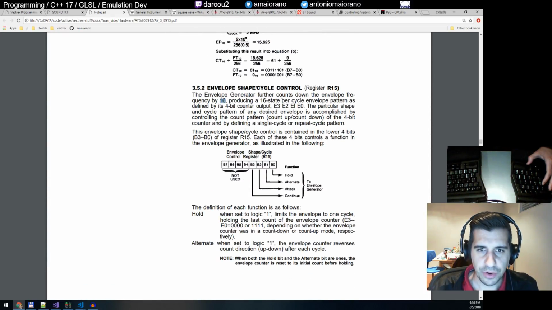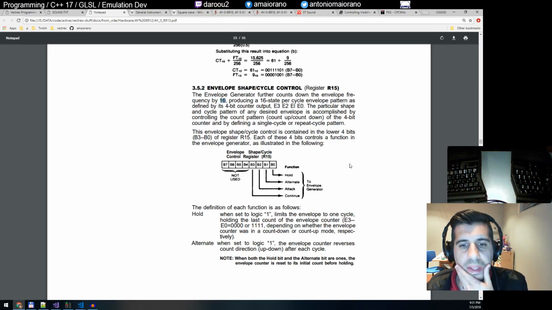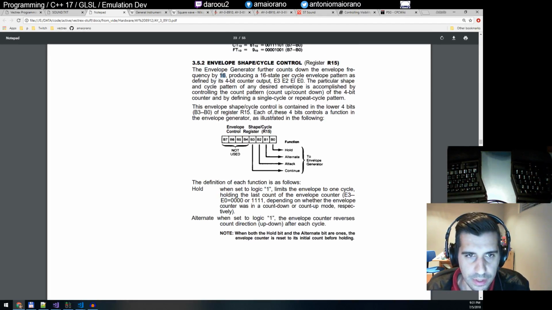So, the envelope generator further counts down the envelope frequency by 16, producing a 16-state per cycle envelope pattern as defined by its 4-bit counter output. Okay, so the envelope control uses those 4 bits.